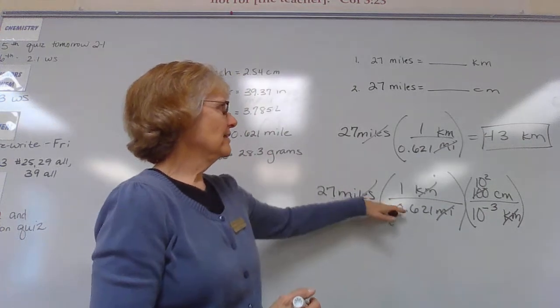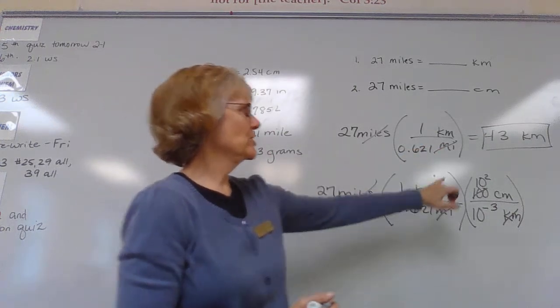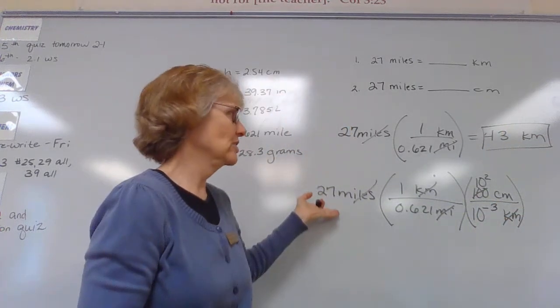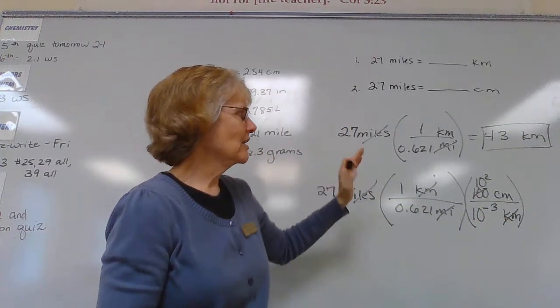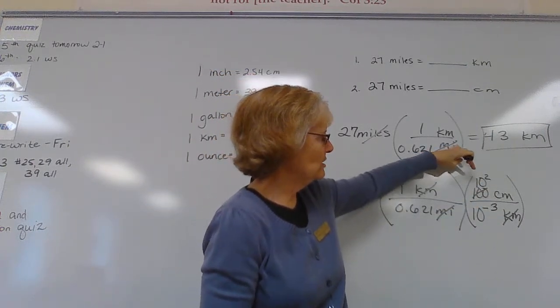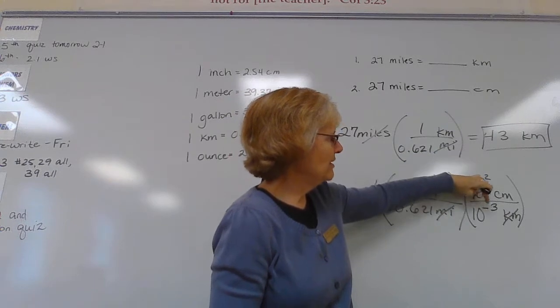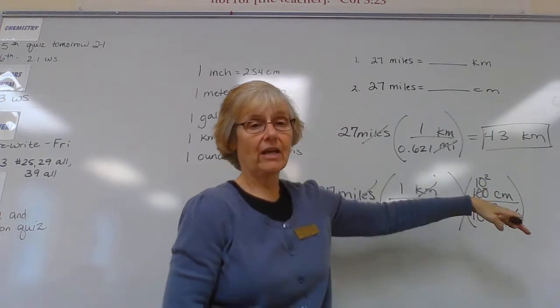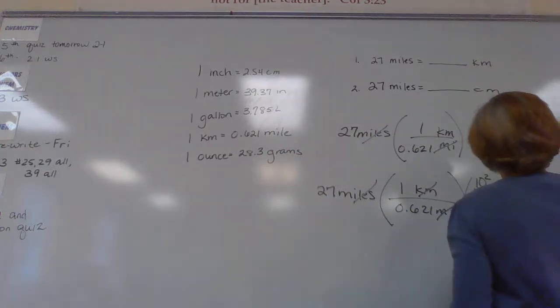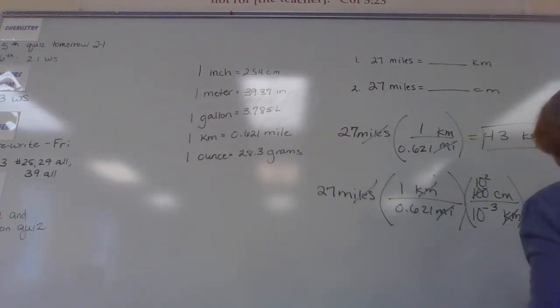So now I'm going to take the number that I got before, and I'm just going to keep this 43 because I know I'm still going to have to round it off to two significant figures. But now it's going to be 43 times this. So let's see, to do a division, I would say 2 minus a negative 3, so that's 10 to the 5th. So now we've got 43 times 10 to the 5th.